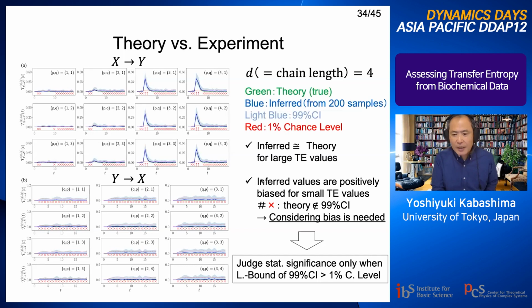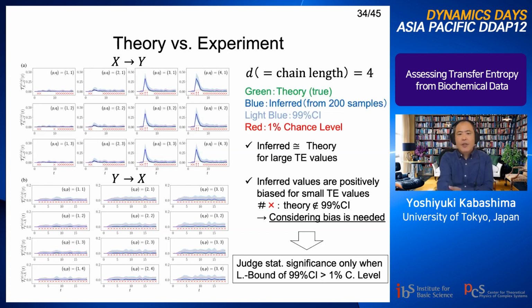But one caution is that the inferred values are positively biased, particularly for small transfer entropy values. This is because transfer entropy is by nature a non-negative quantity. So even if theoretically it is zero, we can always get positive values from data.